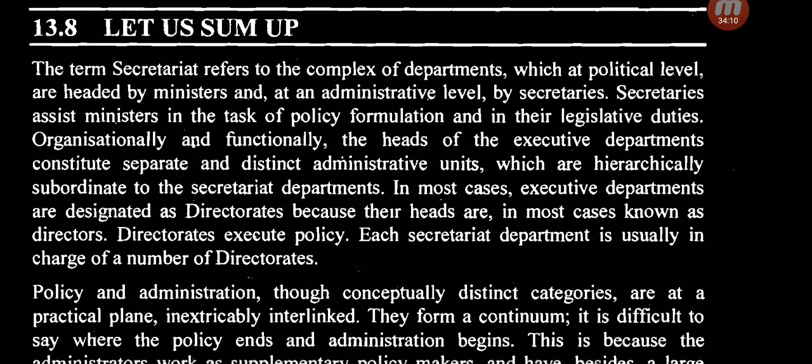Summary. The term Secretariat refers to the complex of departments which at the political level are headed by ministers and at the administrative level by secretaries. Secretaries assist ministers in the task of policy formulation and in their legislative duties, organizationally and functionally.